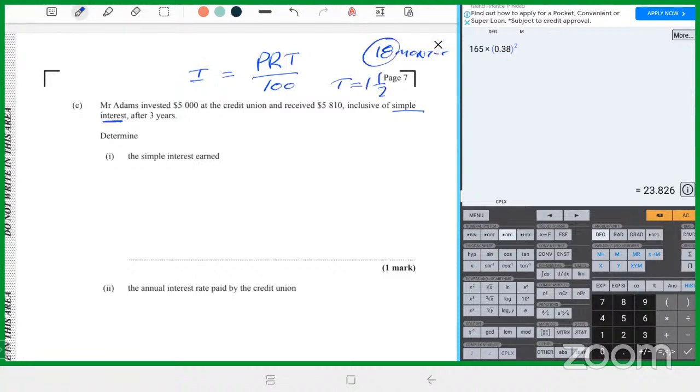It's like you divide 18 by 12 to get the years. If it's 24 months, then the T will be 2, because there are 2 years in 24 months. So we'll be careful. That's why a lot of people make mistakes all the time.